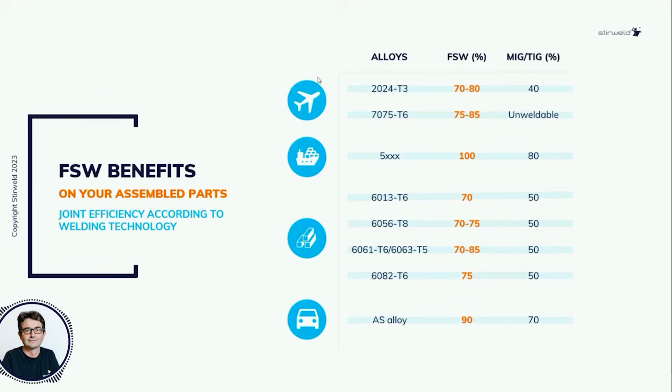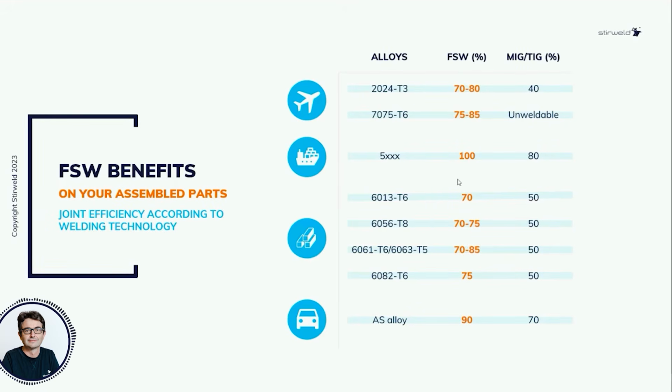Now, when you look at the main heat-treatable aluminum alloys, 2024 or 6000 aluminum alloys, by friction stir welding we have a joint efficiency of about 70%, while by arc fusion welding we have an efficiency between 40 and 50%.